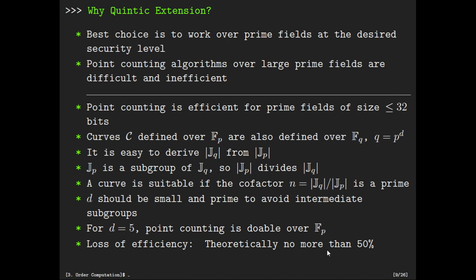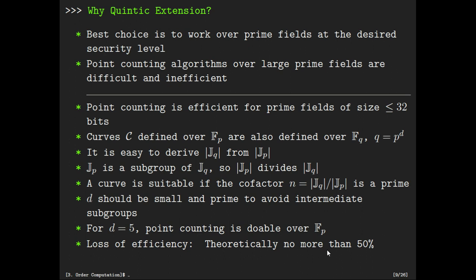However, this kind of algorithm is efficient for small primes like p less than or equal to 32 bits. A curve C defined over Fp is also defined over Fq. Now it is easy to derive the order of Jq from the order of Jp. Jp is a subgroup of Jq, so Jp divides Jq.